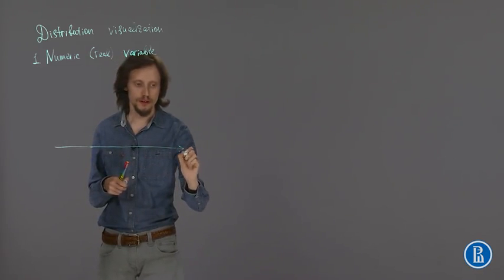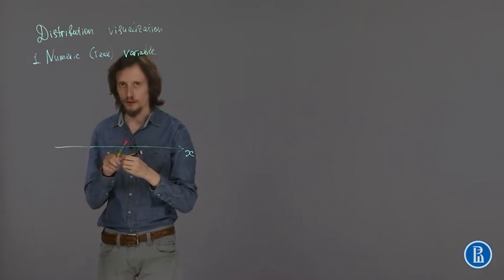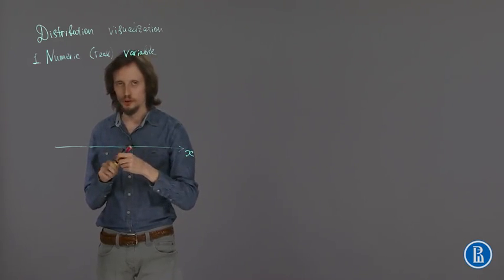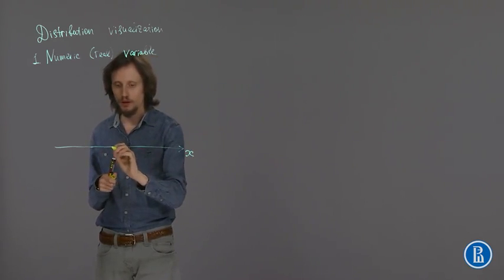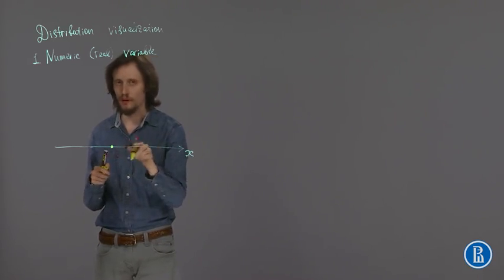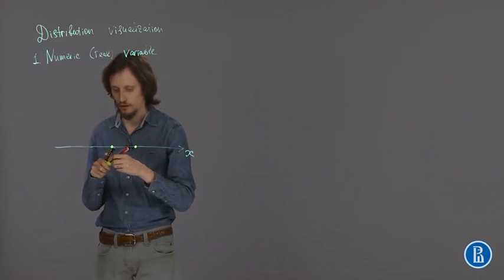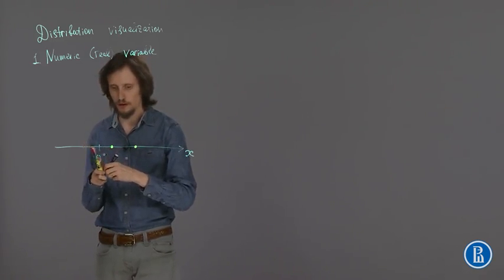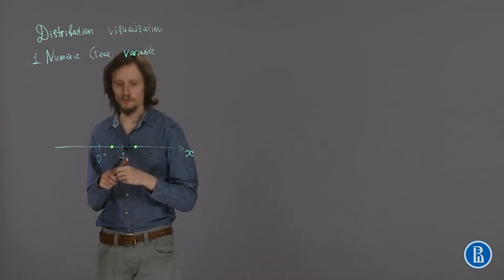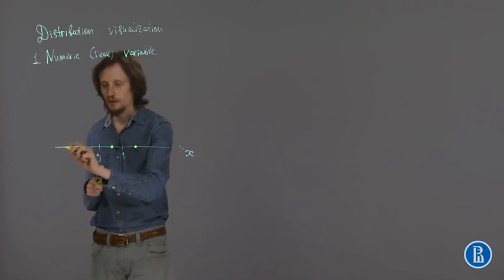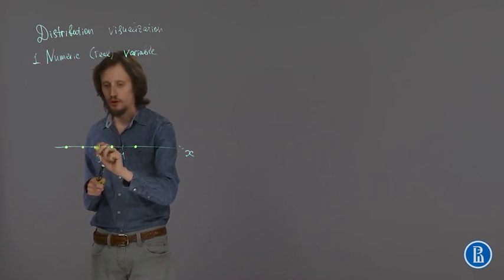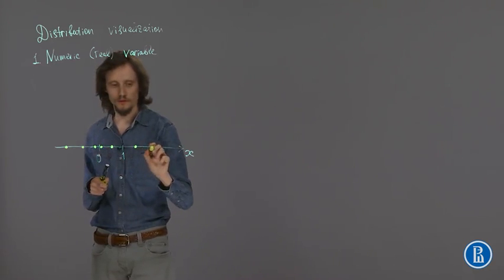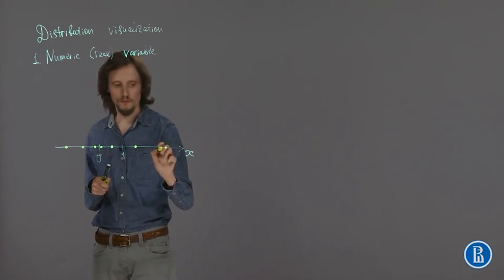So this is axis x, and each data point, each observation, corresponds to some number that is denoted by a point on this line. For example, we have 0 somewhere here and 1 somewhere here. Then this point is just 1/2. And it is possible to plot all the points on this line to get something like this.